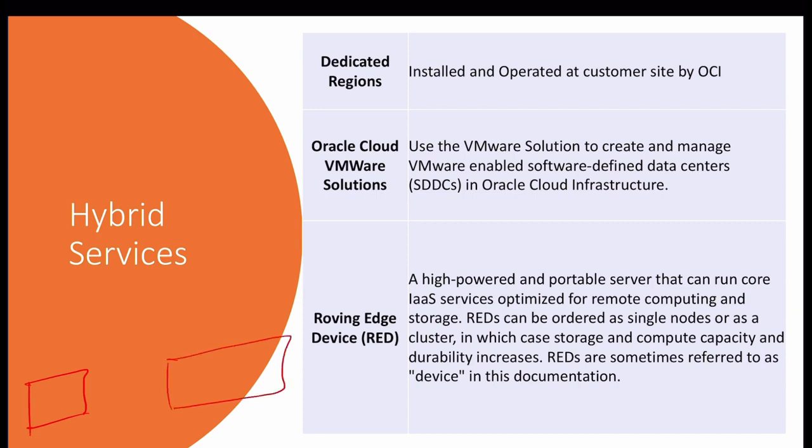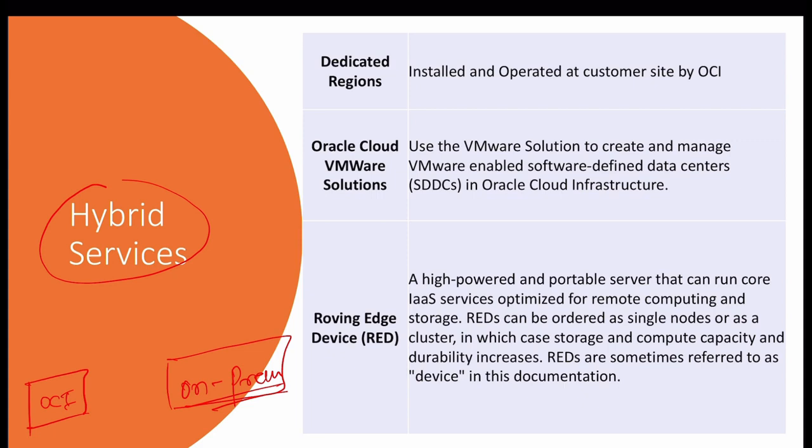Like one is cloud, which can be anything, here we have Oracle Cloud Infrastructure, and then we have shared services between an on-prem environment, or it can be another environment as well. So it's like hybrid services where public or private cloud can be involved. So these are the hybrid services.